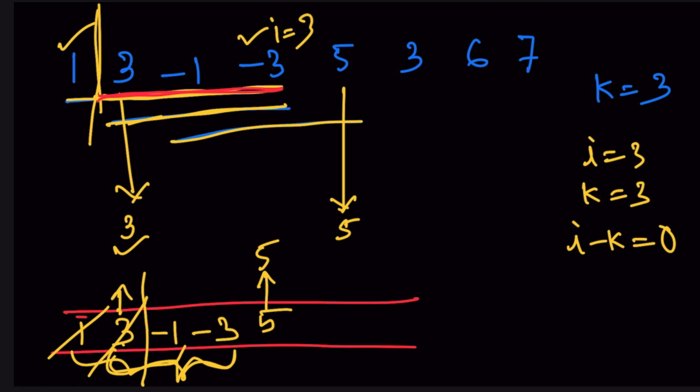So as long as we have 5 in our data structure, will -1 or -3 ever become the maximum for any window? It cannot be, because we are getting rid of those elements first, and we already have 5. So 5 stays as long as we are not getting any number that is larger than 5. So we don't need -1 and -3. We can just get rid of these elements.